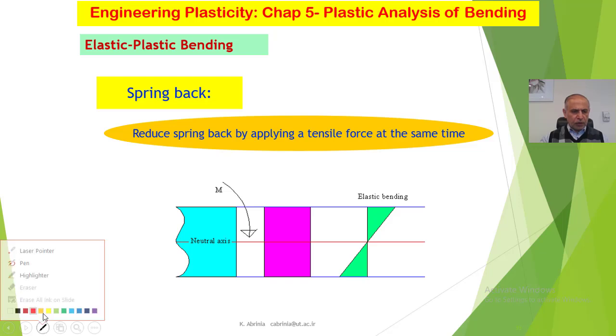This has been shown in this figure here. You see, this is the beam that is under pure bending. That is the cross section of the beam, which has been assumed to be rectangular here, and that is the elastic bending. So we have some stress distribution which is tensile and some which is compressive.